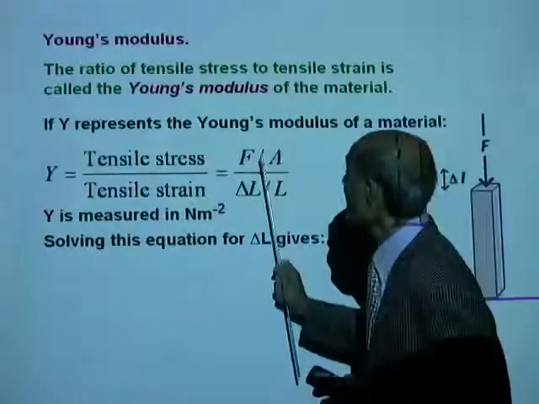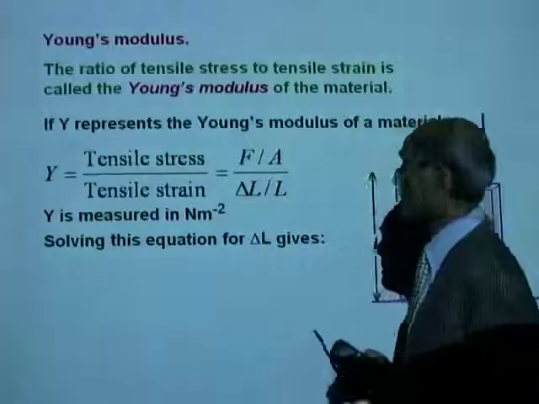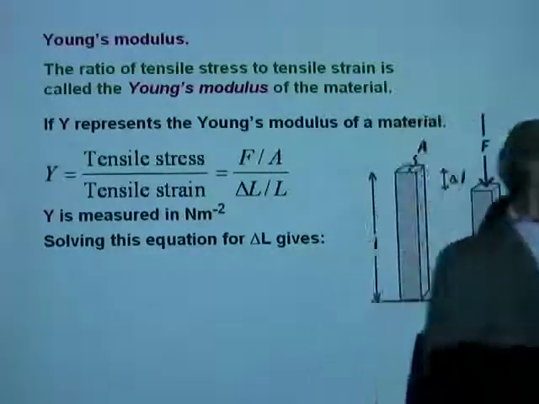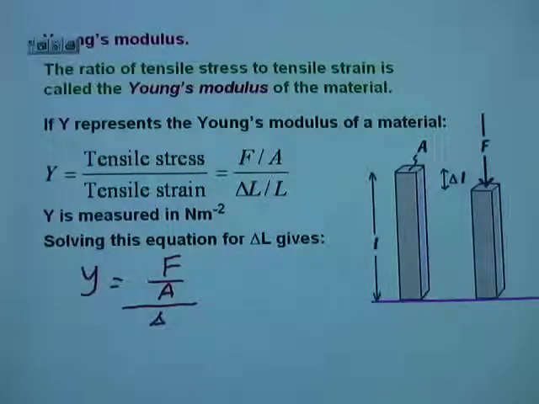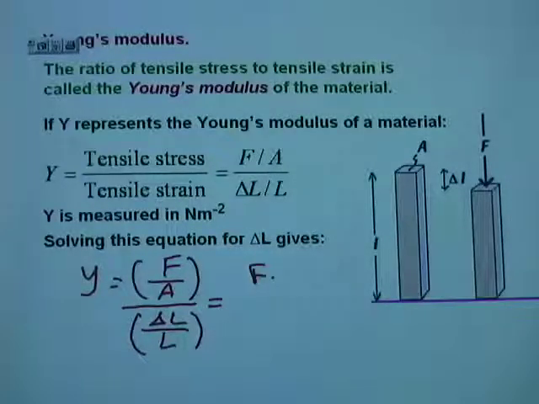Let's solve this equation for delta L. Can you do that? You have Young's modulus Y equal to F over A divided by delta L divided by L. Now, this is stress divided by strain, and that will be F times L over A times delta L. Is that right?